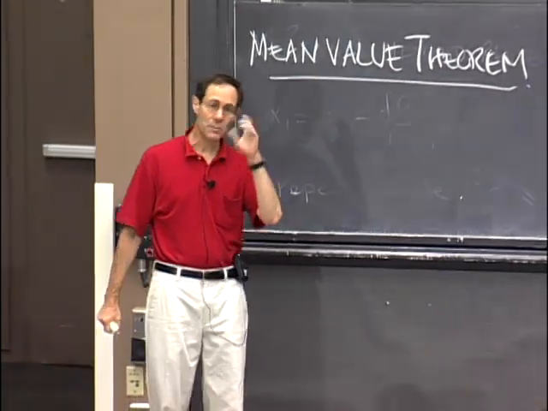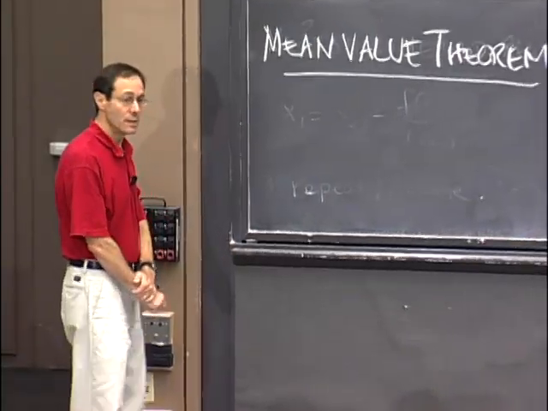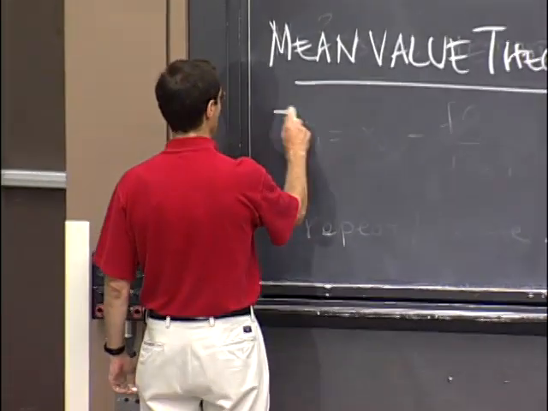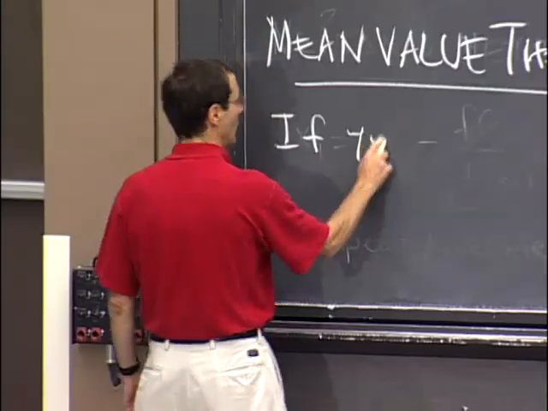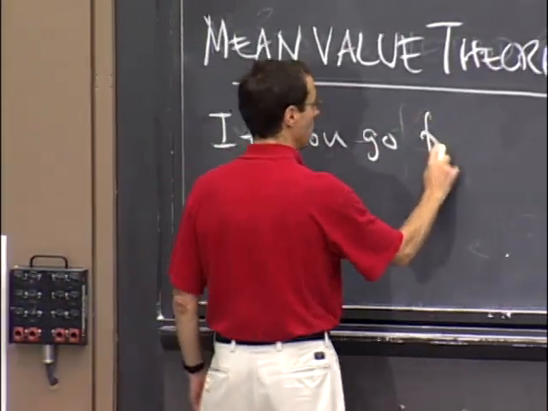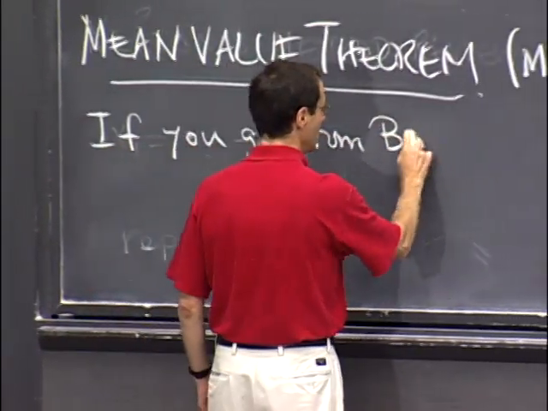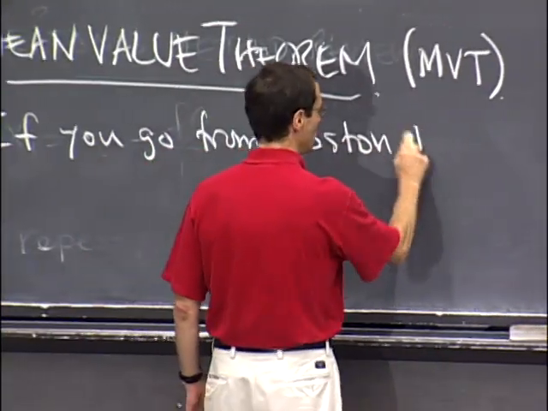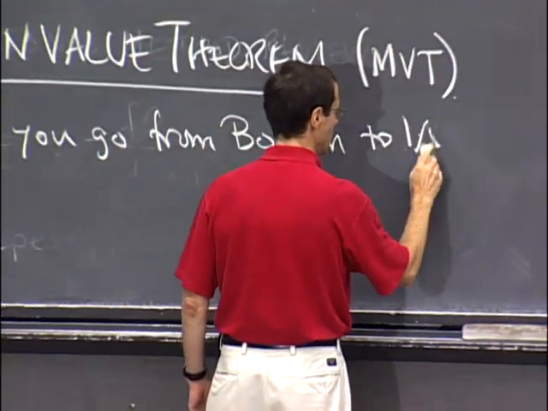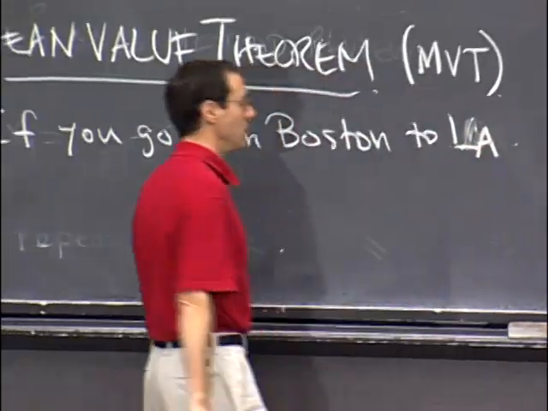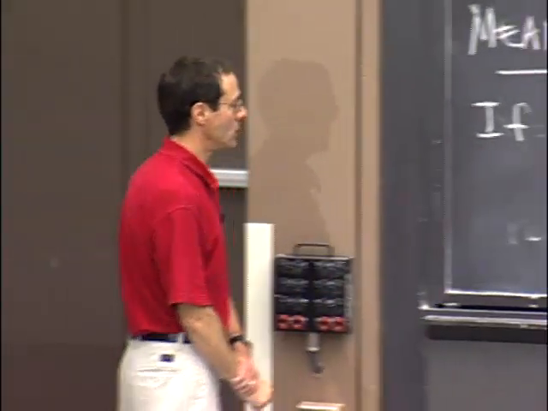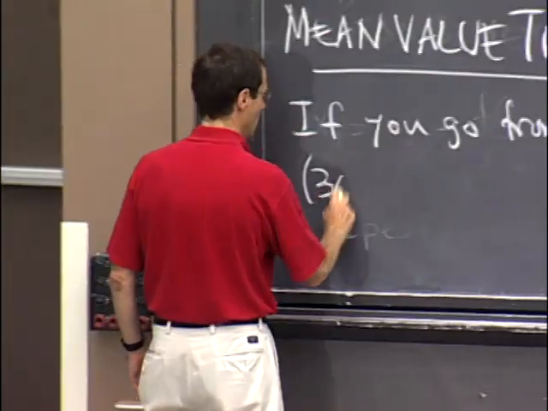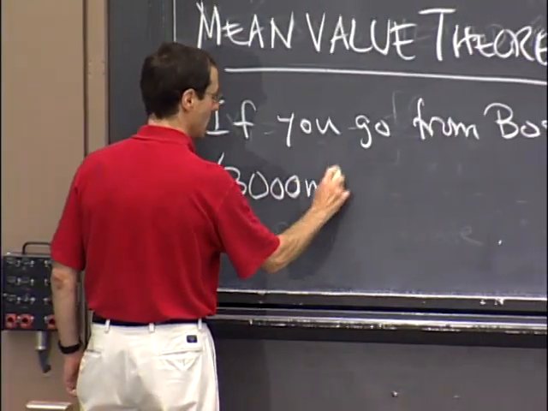The mean value theorem colloquially says the following. If you go from Boston to LA, which I think a lot of Red Sox fans are going to want to do soon. So that's 3,000 miles.